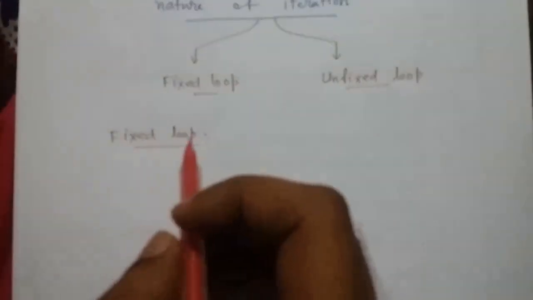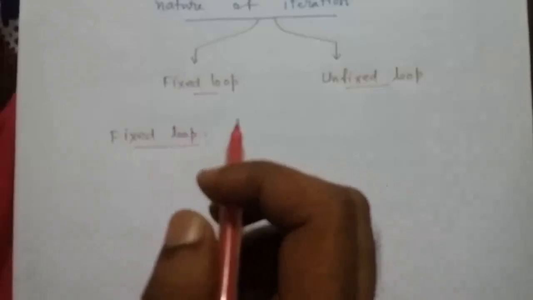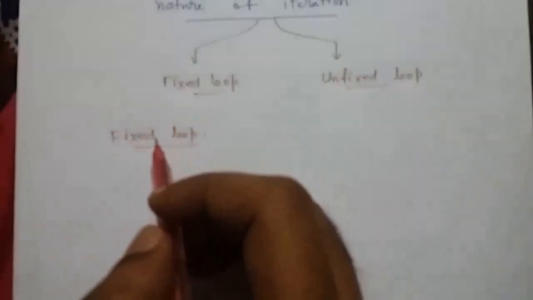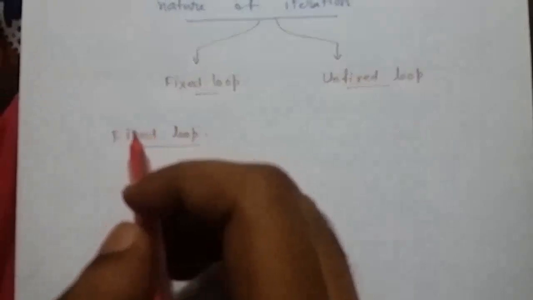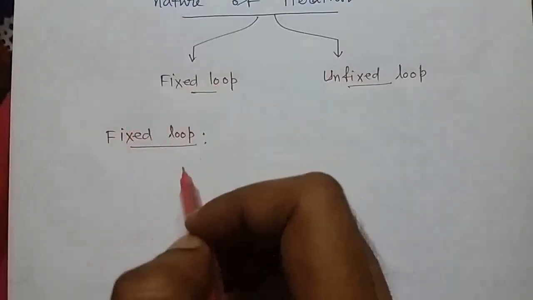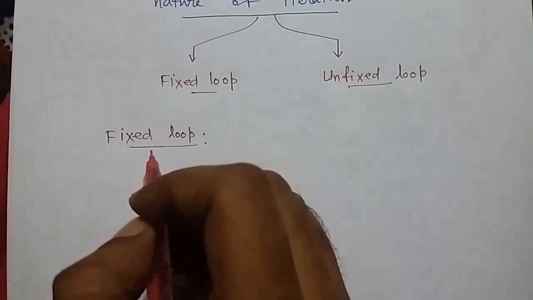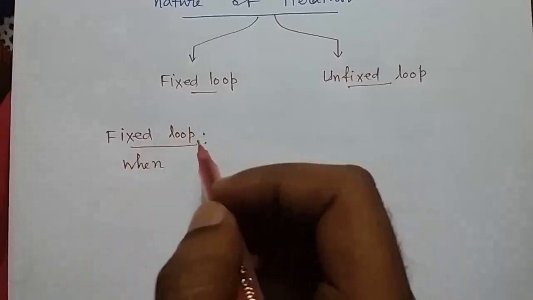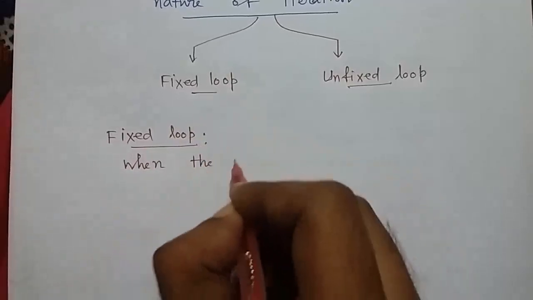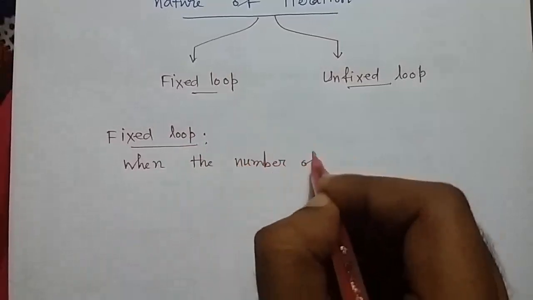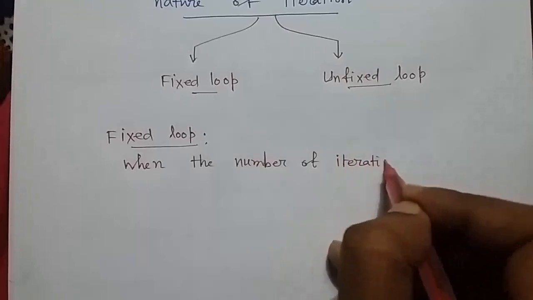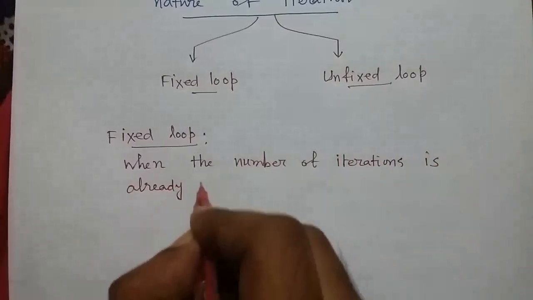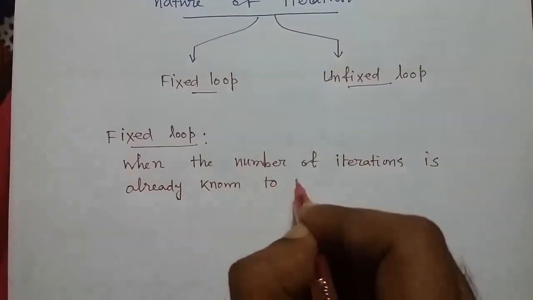We use a fixed loop when the number of iterations is already known to us.